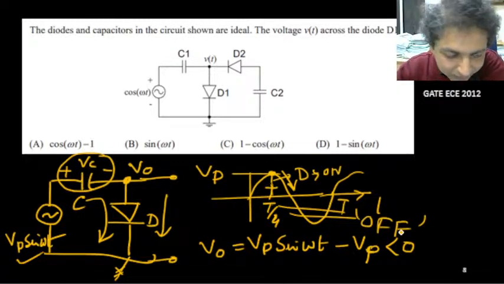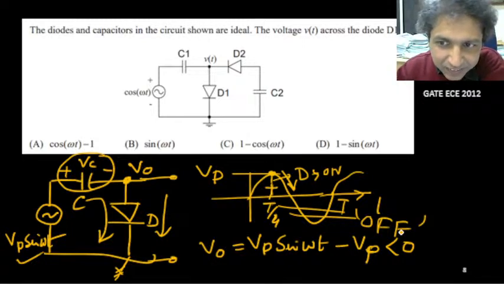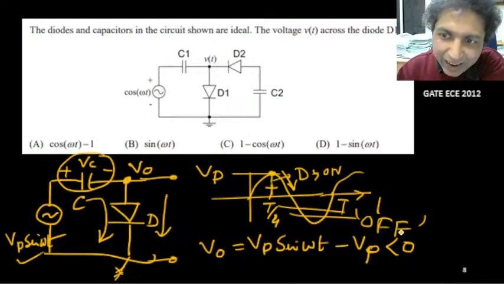Are you convinced with this concept? So the capacitor will charge up to the peak voltage Vp by the time 0 to T by 4. That's all. And beyond that, the capacitor will retain the charge, and the diode will remain off.